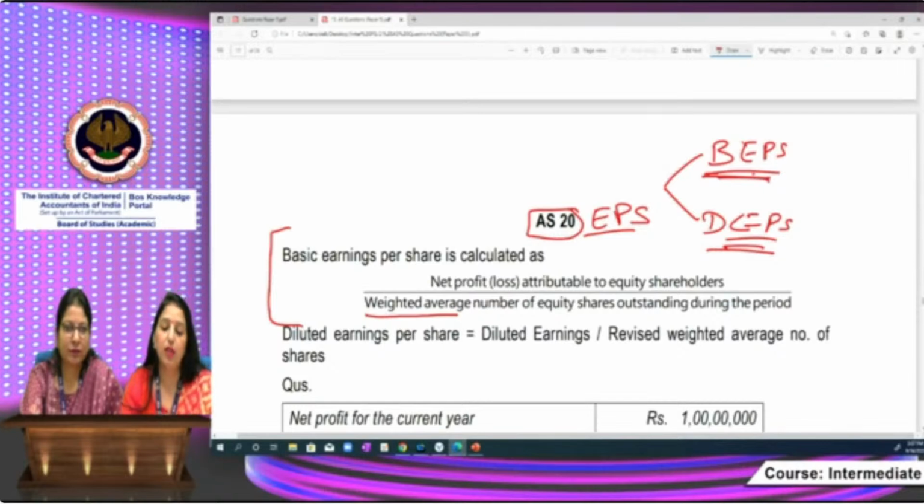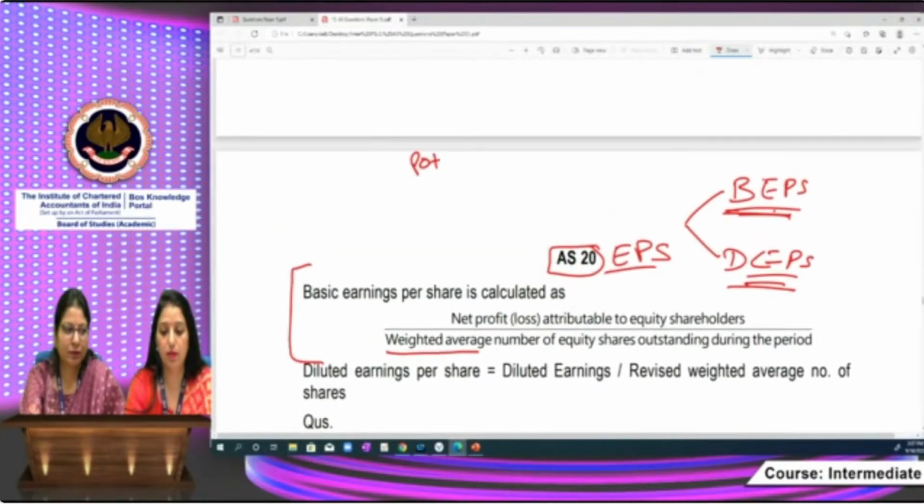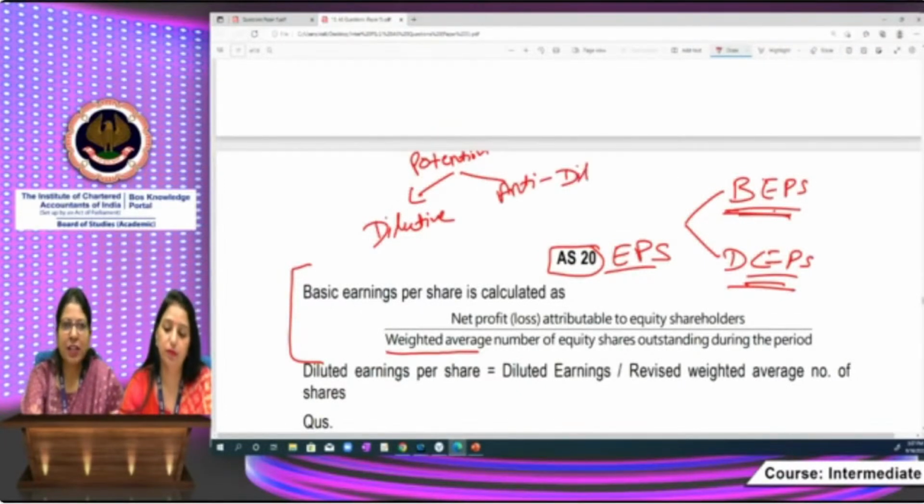What is the diluted earning per share? Diluted earning per share means there are 2 types of shares: diluted potential equity shares. It can be dilutive, or it can be anti-dilutive. Potential equity shares means the shares which will be issued on conversion of some debentures, or when preference shares are being converted to equity shares, or like this.